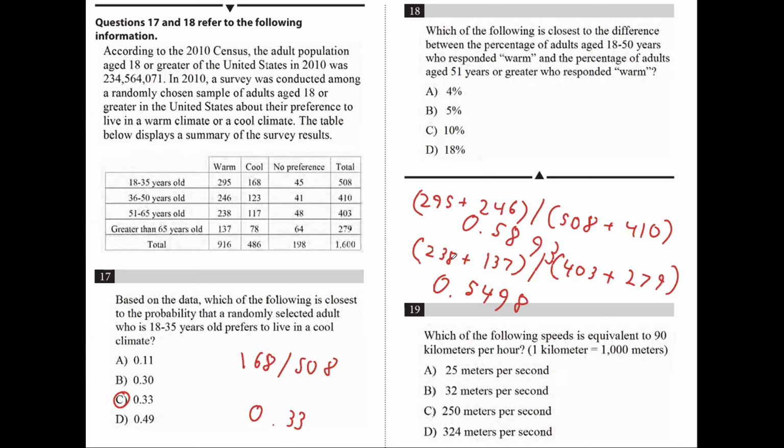So now to find the percentage difference, we just take the larger number and subtract the smaller number from it. So 0.5893, I guess we can round this to 0.59, minus 0.5498, and this would become 0.55. So 0.59 minus 0.55 is 0.04, which is 4%.